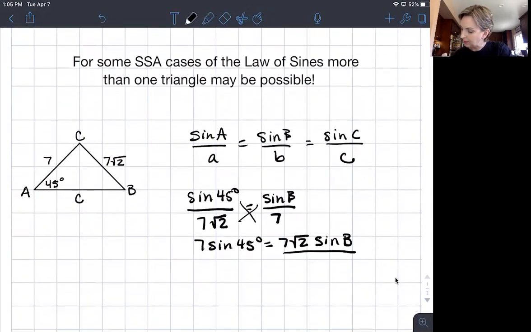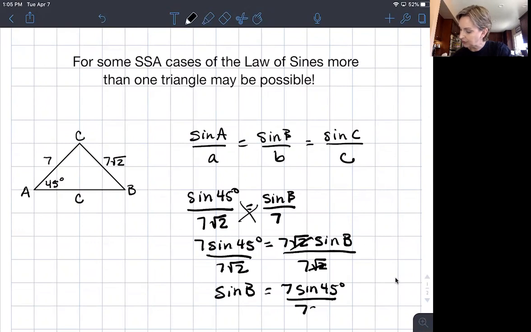Okay, divide by 7 square root of 2. And you get sine B is 7 sine 45 degrees over 7 square root of 2. So that all simplifies actually.